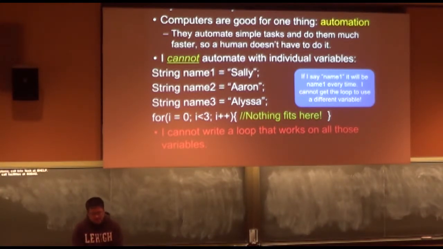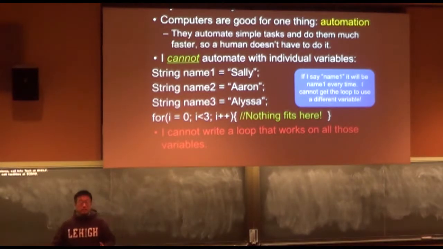And I think abstractly, when you first hear about arrays, it's sort of like, why would I want to have these things? It just seems like an extra complication to programming languages, right? So the reason why we have this, as I was trying to explain before, is because of automation.